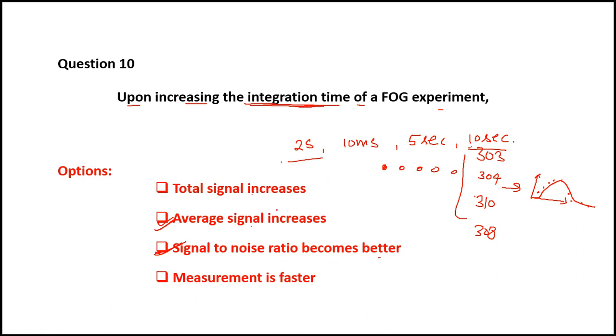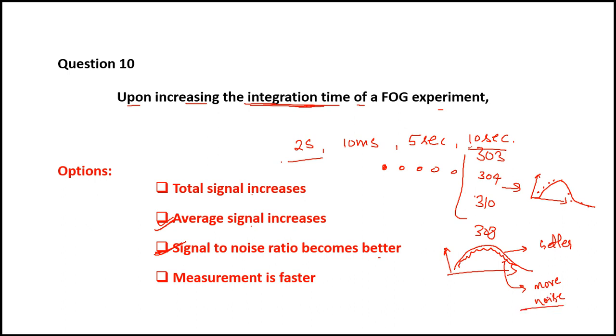Signal to noise ratio means you have a clear, smooth signal with very little noise. Suppose your signal is in this way, or you can say in this way, which is a better one. So definitely this is a better one compared to this, which has more noise.